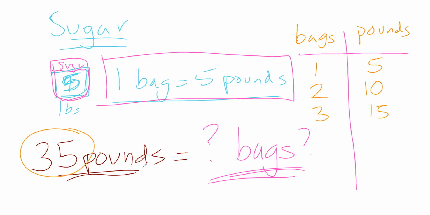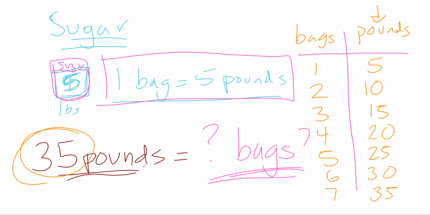And this is good because now I'm going to think about the pounds I'm going to need, and how many bags that would be. So 4 would be 20, 5 would be 25, 6 would be 30, and then 7 would be 35. So there we can solve this.